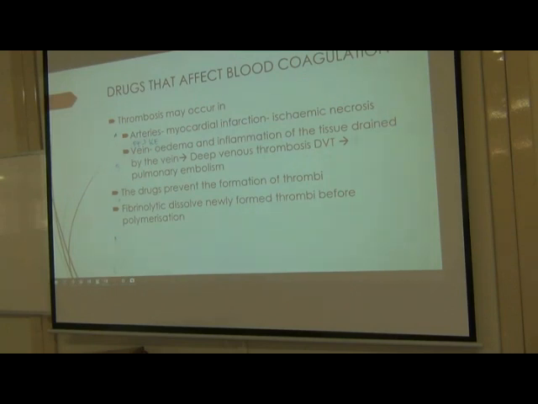Remember, I don't want to go through that process because you're supposed to be very familiar with it. Remember that after the vascular phase, the platelets are released, and the platelets aggregate, isn't it? And then what happens after the platelet aggregates? You have the coagulation phase and the fibrinolytic phase, where fibrin is deposited on the platelets to make them more solid.